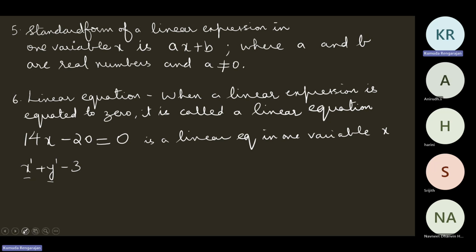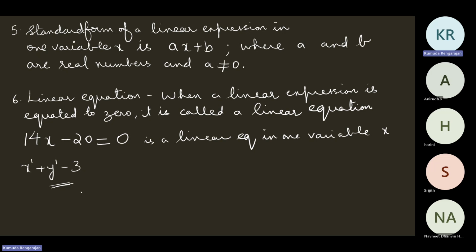So x plus y minus 3 is an example of an expression, or you can say an algebraic expression. Expression, algebraic expression, both are the same. So this is an example of an expression in two variables x and y. And it is a linear expression because the highest power of the variables is 1.